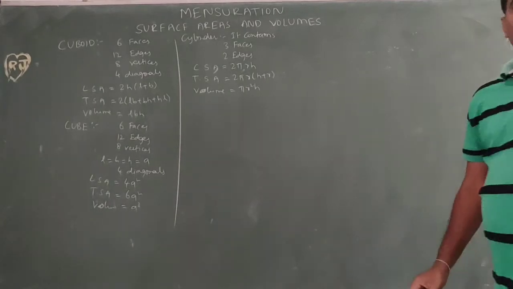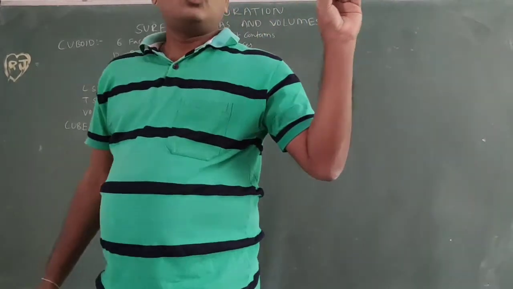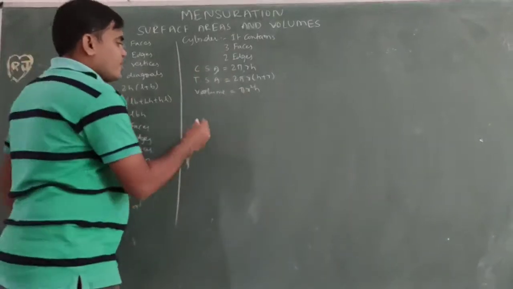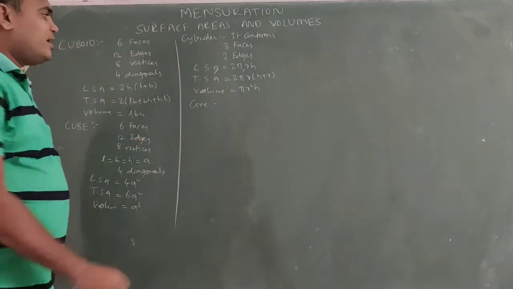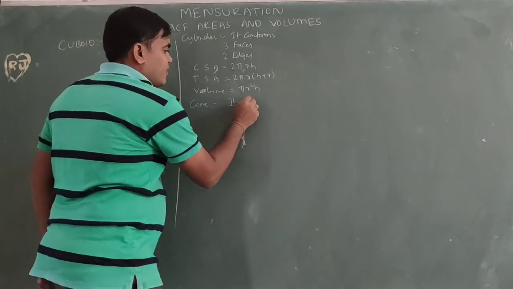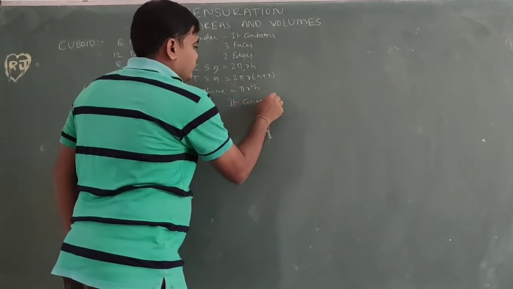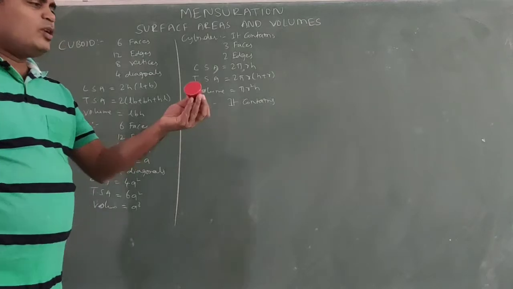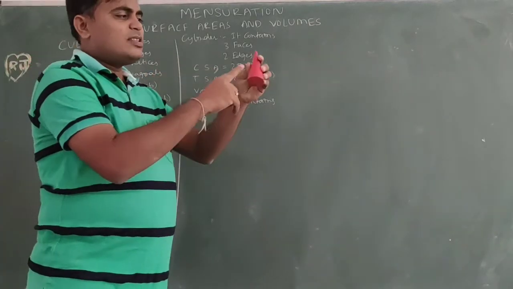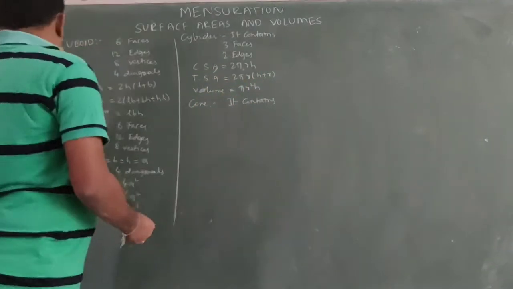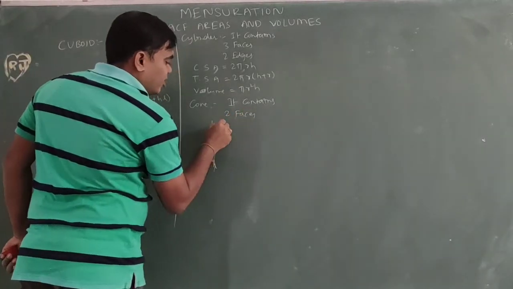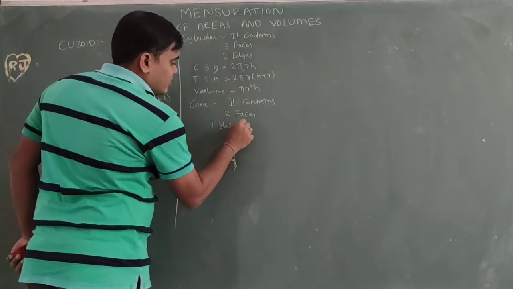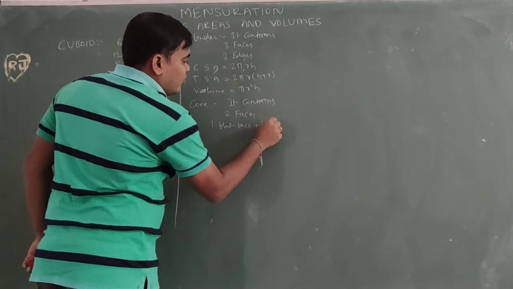Next, coming to the cone. A cone contains a flat face and a curved face. So it contains 2 faces: one flat face plus one curved face.